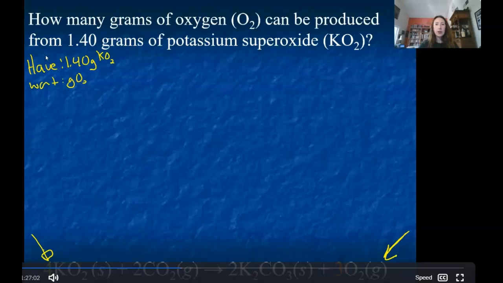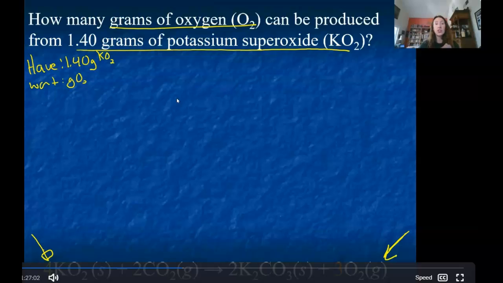Now, how do I know that I need this chemical equation? It's asking for grams of O2 and telling me we have KO2. So they're asking for something else. When you have something, but they're asking for something else, in the middle, you have to do a mole-mole ratio, which is the mole over mole. So that means that I need a balanced chemical equation.